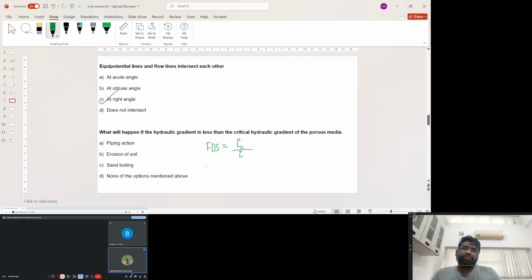Now if FOS is greater than 1, then safe. If FOS is less than 1, unsafe. And if FOS is equal to 1, it is critical.